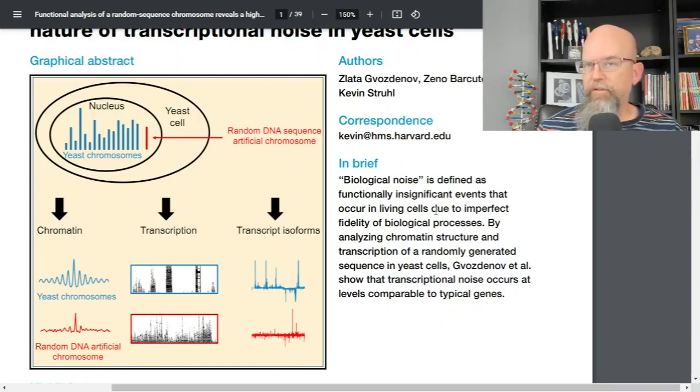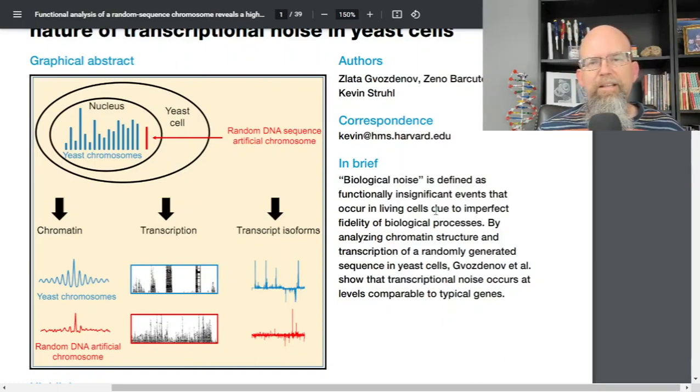Biological noise. Interesting term. You may not have heard of biological noise. What is biological noise? It's defined as functionally insignificant events that occur in living cells due to imperfect fidelity of biological processes. As much as we'd like to think that we have this fine-tuned chemistry in us, where every single reaction is completely controlled, there are a number of chemical reactions that are happening to us that we don't have much control of, but they happen at fairly low levels, and this is called biological noise.